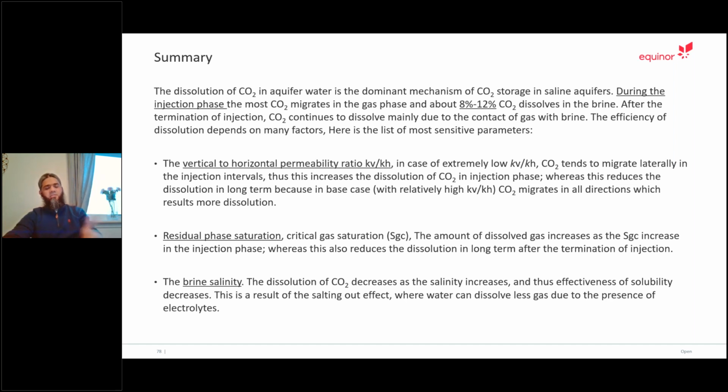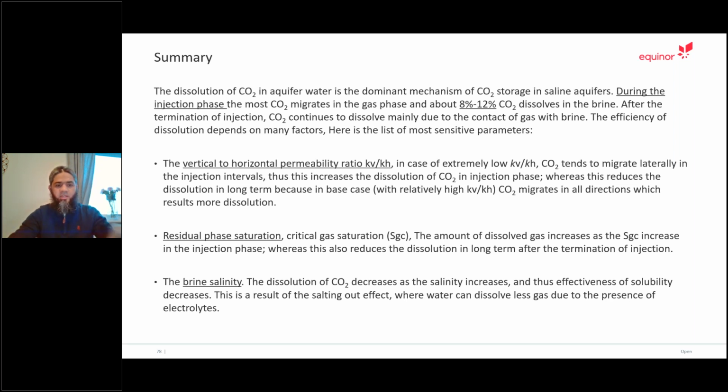Residual gas I have not shown, but I have that, and brine salinity also affects it, and surely there are some other things which we need to look at. For example, we need to look at the thermal effects on the dissolution.